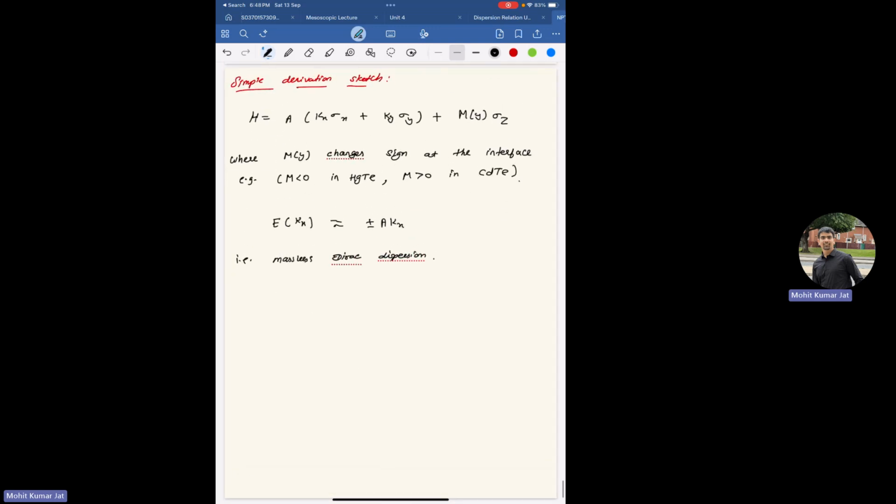So the plus minus corresponds to the two Kramers pairs. Opposite spin propagates in opposite direction.